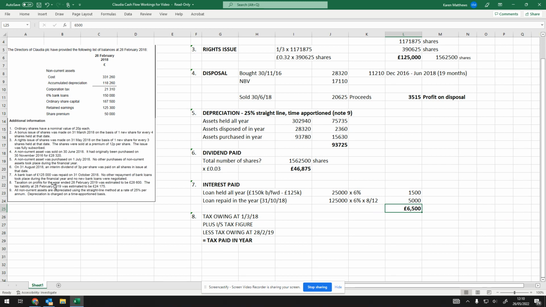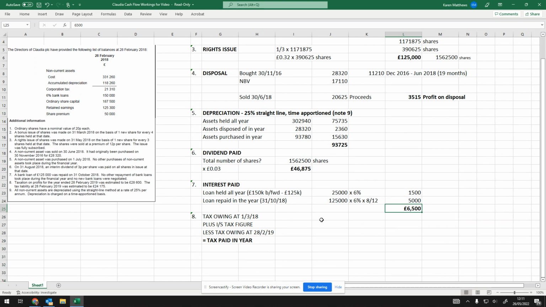And if it's a larger company, like a PLC, generally they will pay tax in instalments. So the figure that goes in the cash flow is never going to be the same as the figure in the income statement. If you're very lucky, the figure that goes in the cash flow is the exact figure that was in last year's income statement, but generally it's not going to be that either, because at the end of the day it's only an estimate. So the actual amount paid may well have changed.